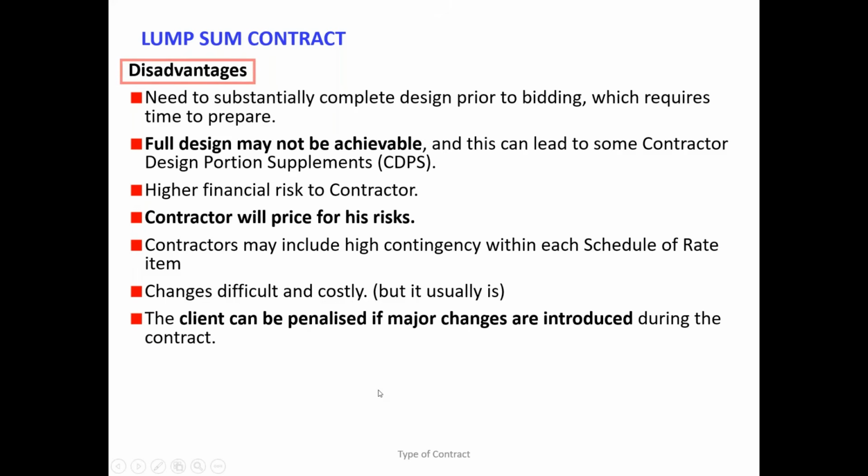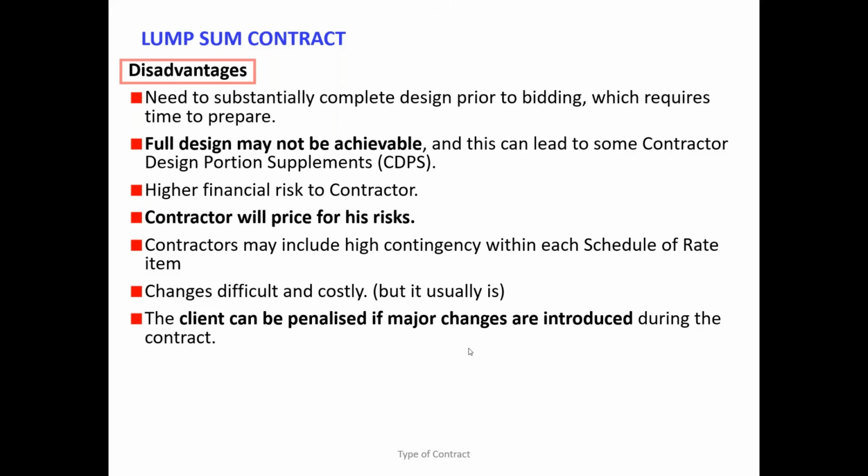The client can be penalized if major changes are introduced. If you are changing the scope of work or introducing variations, then it is not worthwhile to go for a lump sum. If you are going for a lump sum, you must have a defined scope of work.